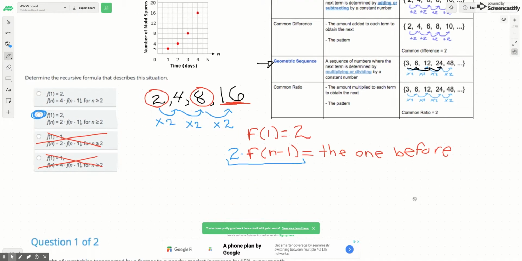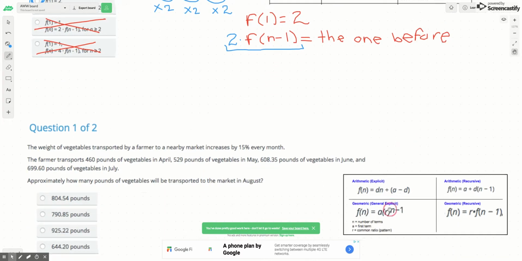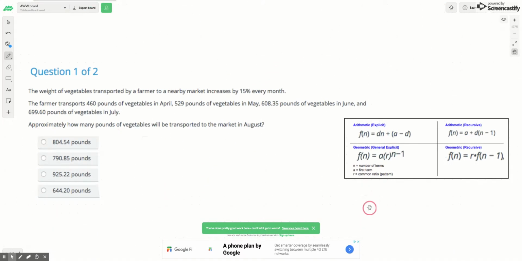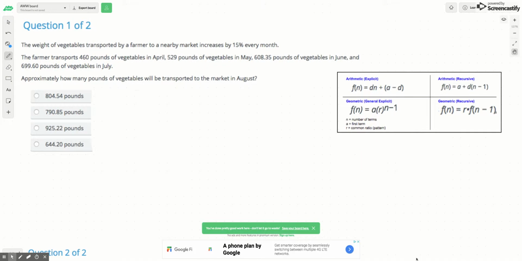Let's go to the next question. This is similar to the very first question that we had. Let's see what it says. The weight of vegetables transported by a farmer to a nearby market increases by 15% every month. I'm going to underline 15% because that's going to be a number that I'm going to use later on.